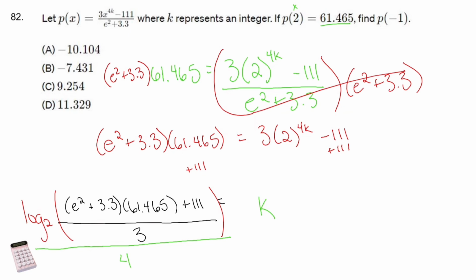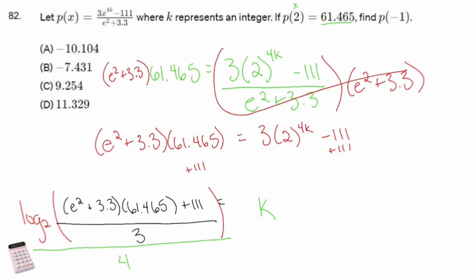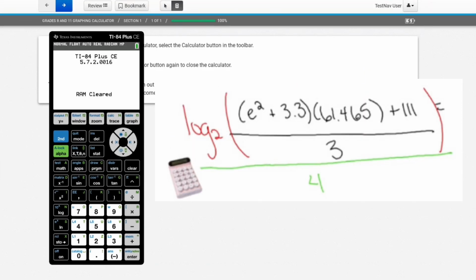No. Once I have k, then what I have to do is plug that k into this equation and then plug in -1. Oh, we're only halfway done, boys and girls. So wish me luck. Let's plug this into our calculator and see what god-awful number we're probably going to get. Buckle up, baby. You're in for a wild ride.